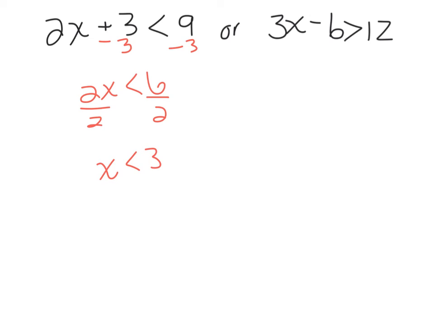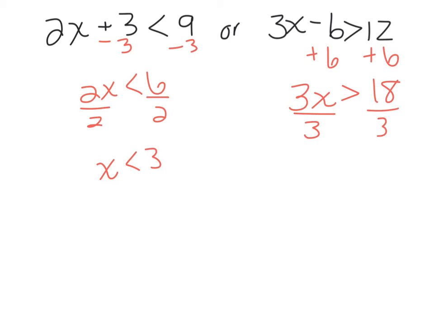And then I'll solve the other inequality by adding 6, that's not a b, my 6's just happen to look like b's, to both sides to get 3x is greater than 18, divide both sides by 3, and get that x is greater than 6. And just bring your conjunction "or" down to meet with it.